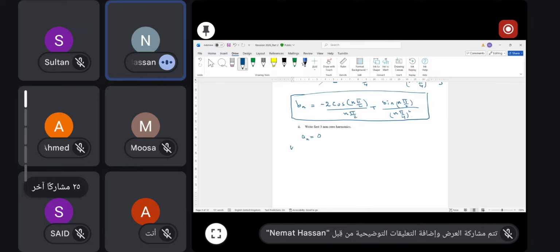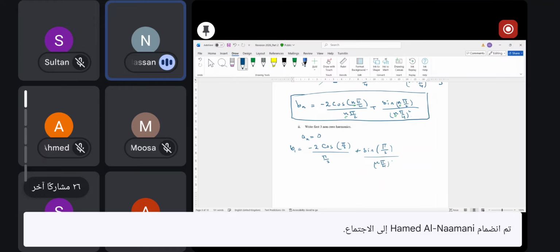B of 1 is equal to what? All you have to do is substitute n value here by what? 1. So it becomes -2 cosine pi over 2 over pi over 2 plus sine pi over 2 over n pi over 4 squared.